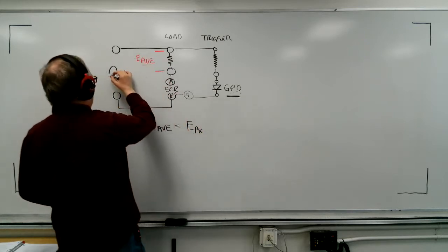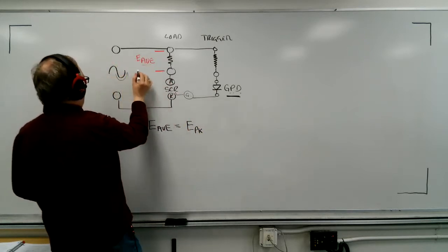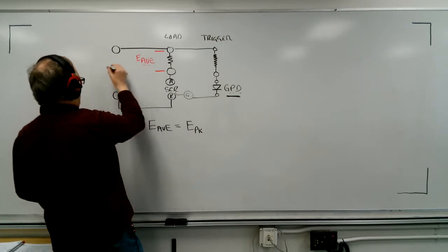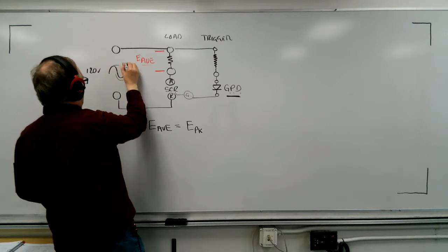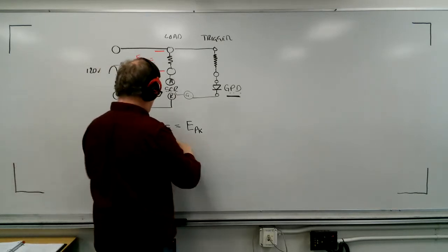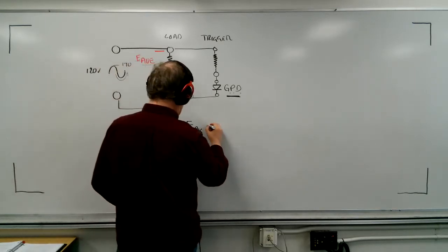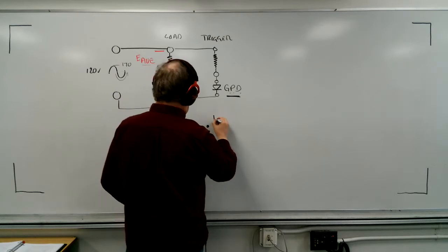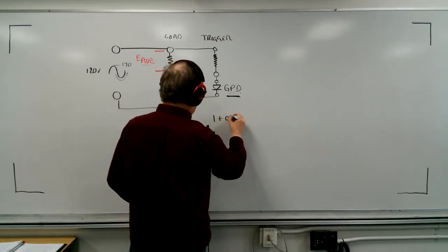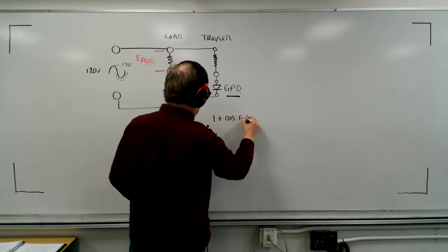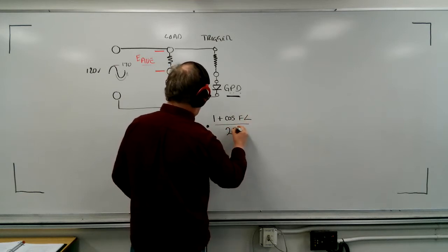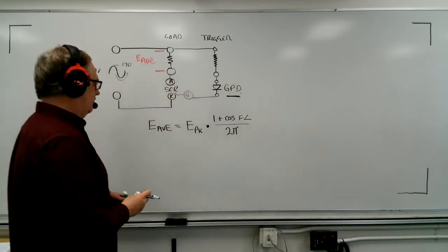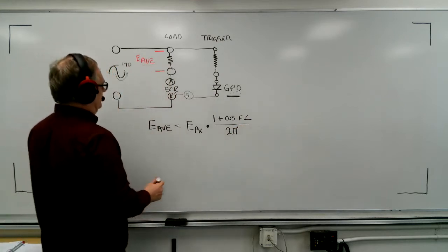As we remember, we have an AC waveform here with your line values. Let's say this was 120 volts; the peak of this would be about 170. So that's part of this formula: the peak times 1 plus the cosine of the firing angle, divided by 2 pi. That's a review formula that you need to look at.